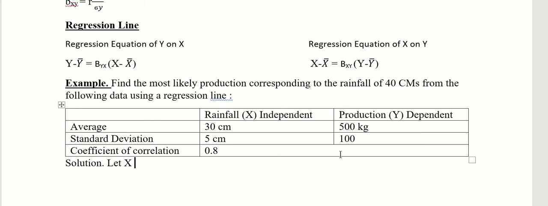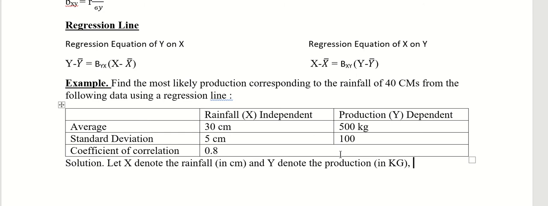So let x denote the rainfall in centimeter and y denote the production in kgs. Okay.